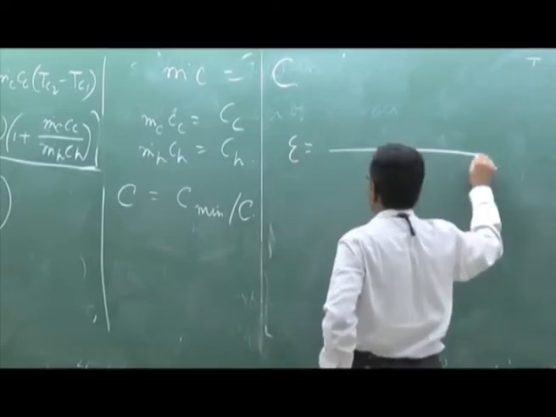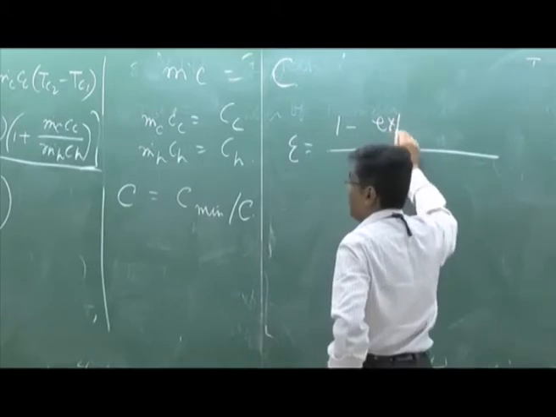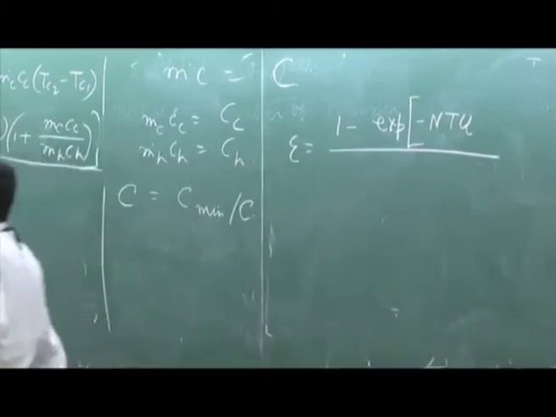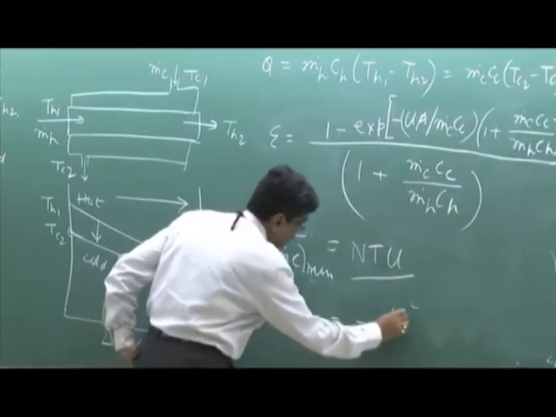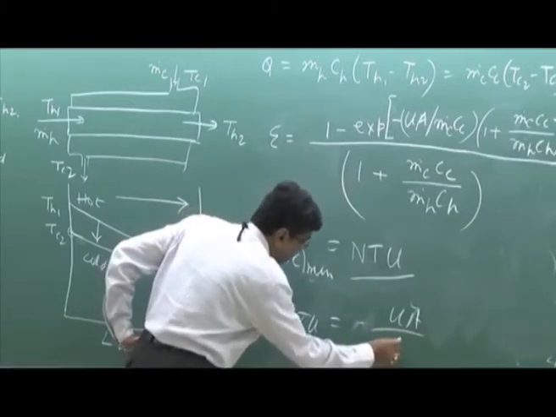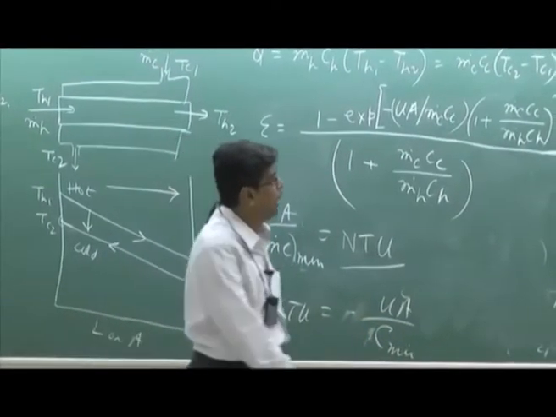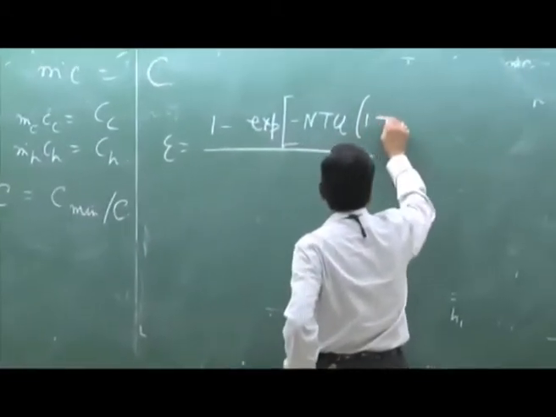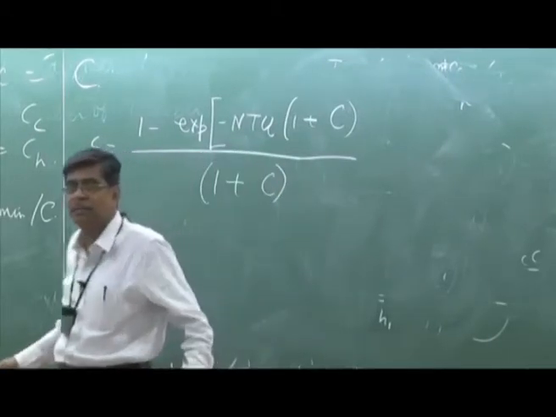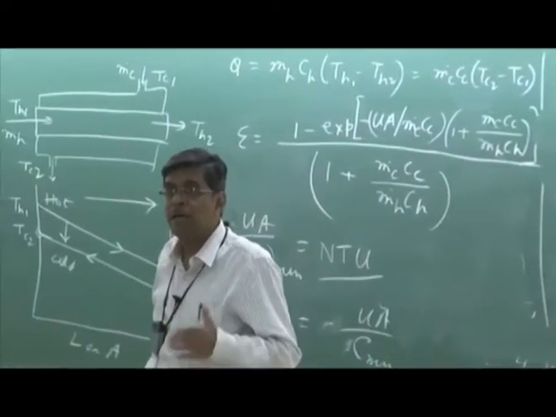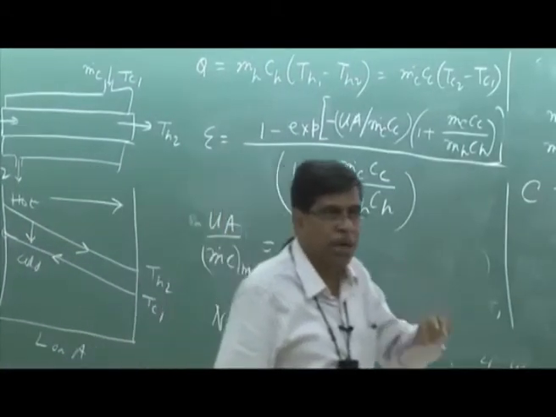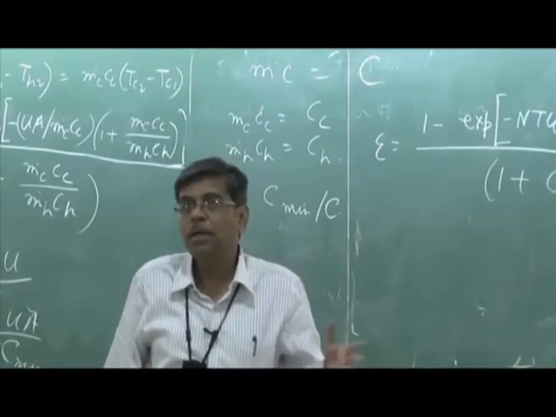In that case, the expression will be very simple. The expression remains the same: 1 minus exponential minus NTU, where NTU is UA by m dot C minimum, that means C minimum, with this nomenclature, into 1 plus capital C. This is the expression, where capital C is the ratio of the total capacity, that means m dot C specific heat, minimum to the other one.